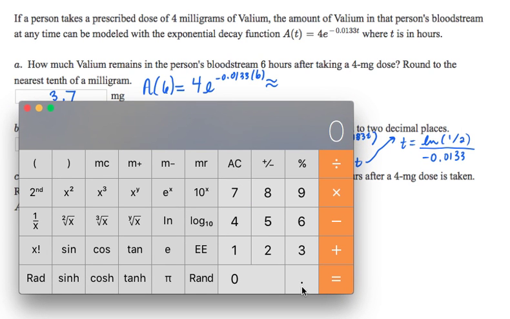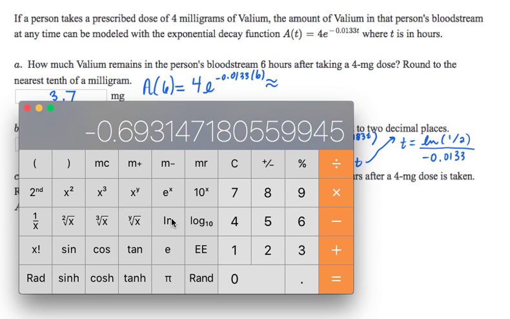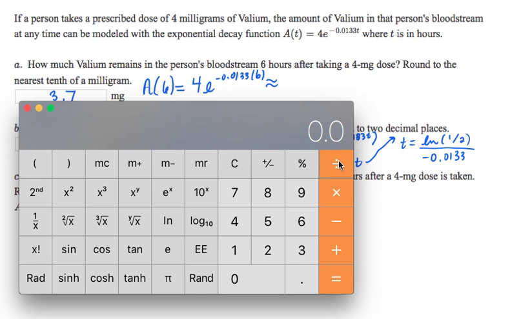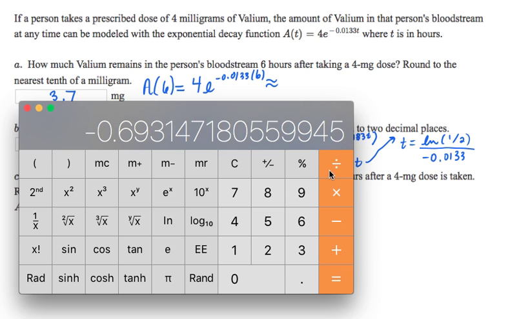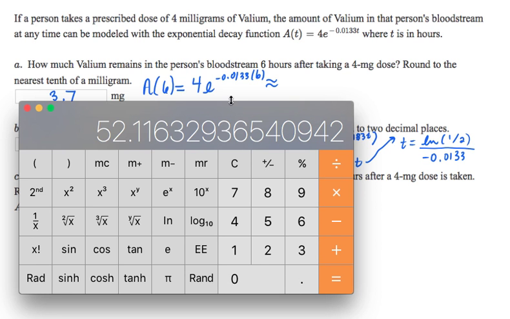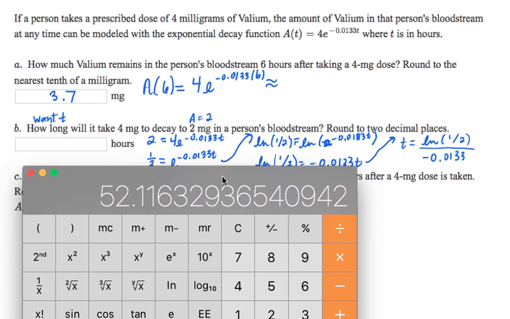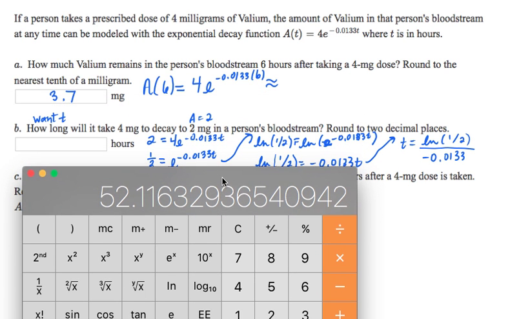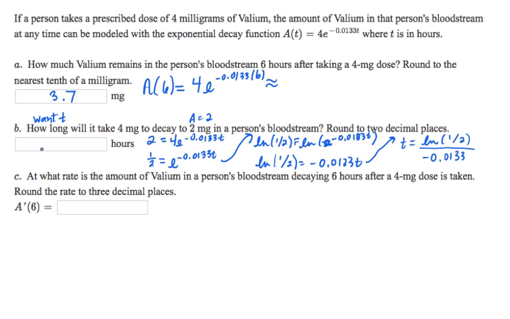So I'm going to take 0.5, take the natural log, divided by 0.0133, and it's negative, so we get positive. We are rounding to 2 decimal places, so 52.12.